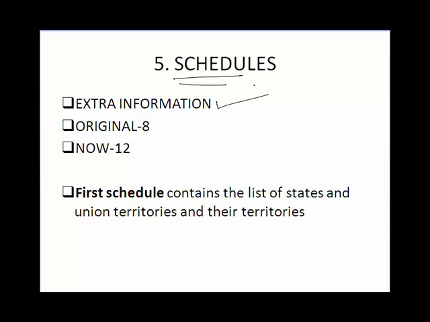Very simple, it will be included in the appendix, right? So in a textbook we add extra information into the appendix. Same here in our constitution, if you want to add extra information, then we use schedules. Originally how many schedules were there? 8. Now there are 12, means 4 extra schedules have been added.